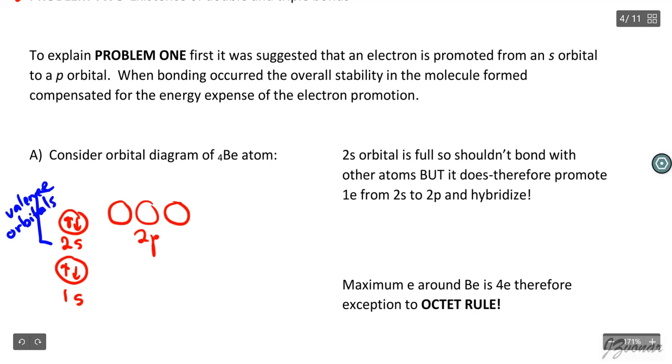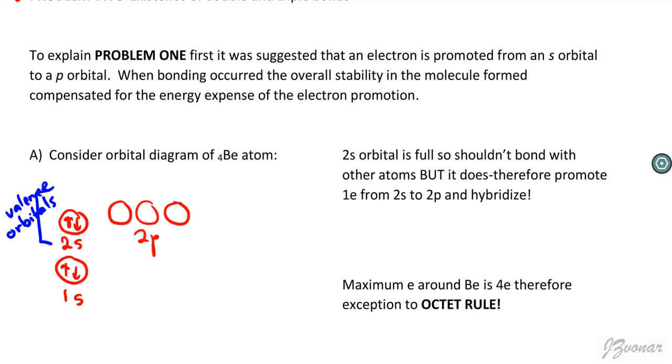Now you'll notice that the 2s orbital is full. And so that suggests that if I've got a full orbital, it should not be able to bond with other atoms. But we know for a fact that beryllium actually does form bonds. So how do we explain the fact that beryllium is able to form 2 covalent bonds?